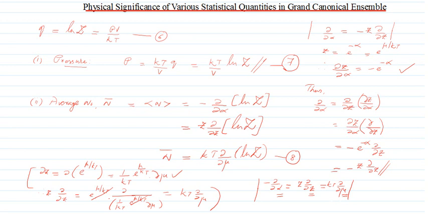Now in the same manner, let me go to the third quantity, the average energy of a system in the grand canonical ensemble. In a system where the energy is fluctuating, the average energy is taken as the internal energy, a representation of the internal energy of the system.